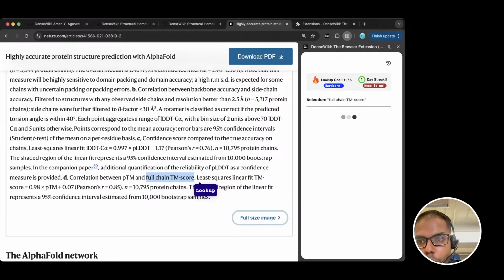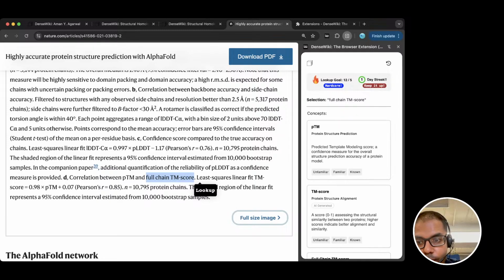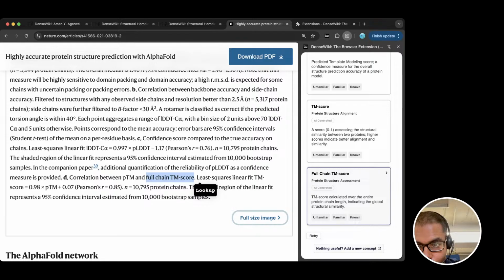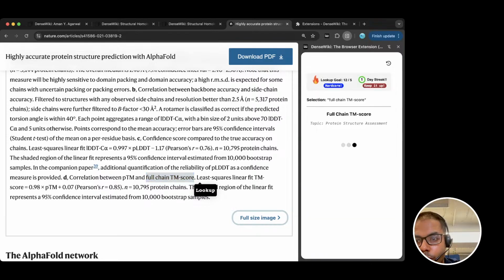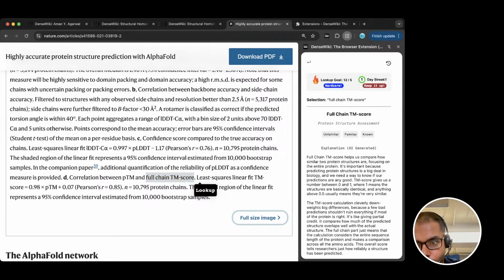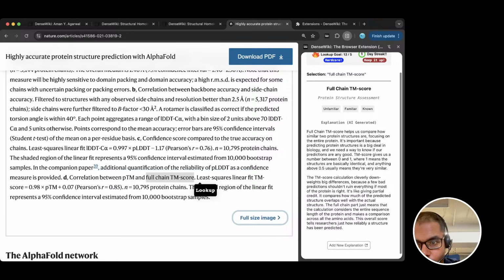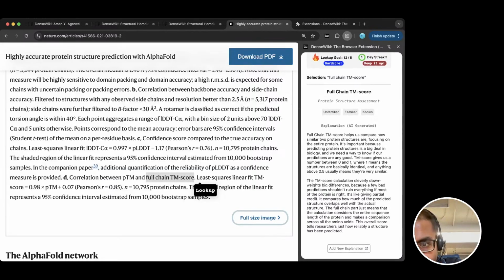Let's see what that is. Full chain TM score helps us compare how similar two proteins are.